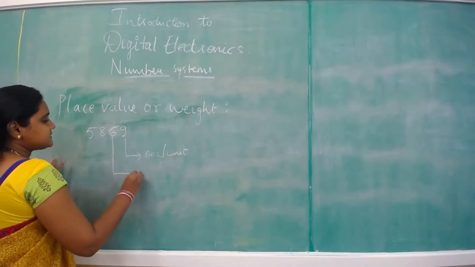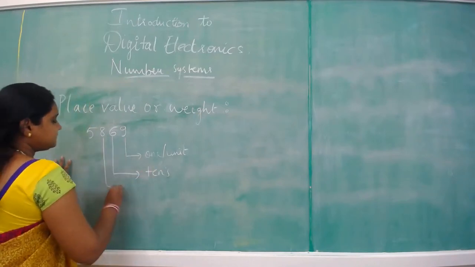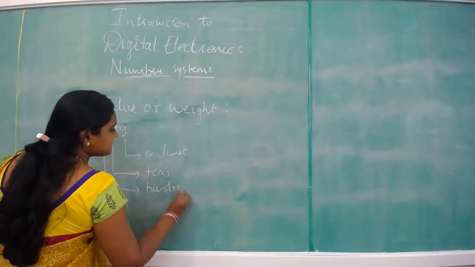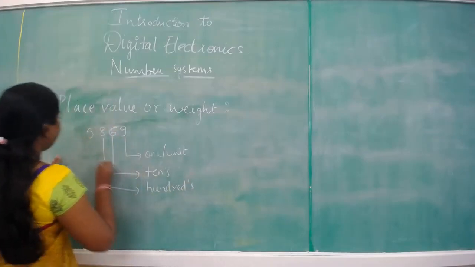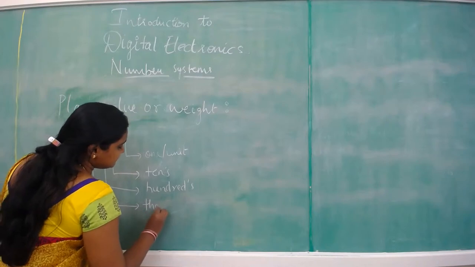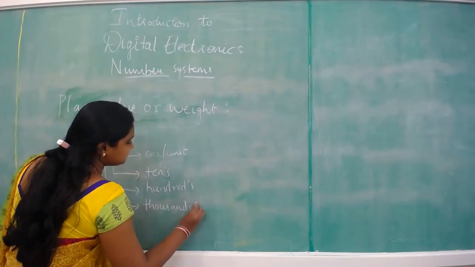Okay. 6, tens place. 8, hundreds. And thousands place. Okay.